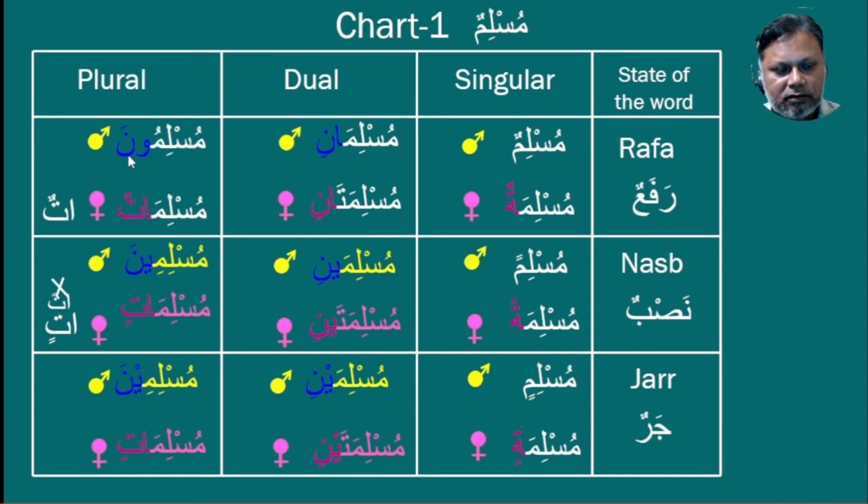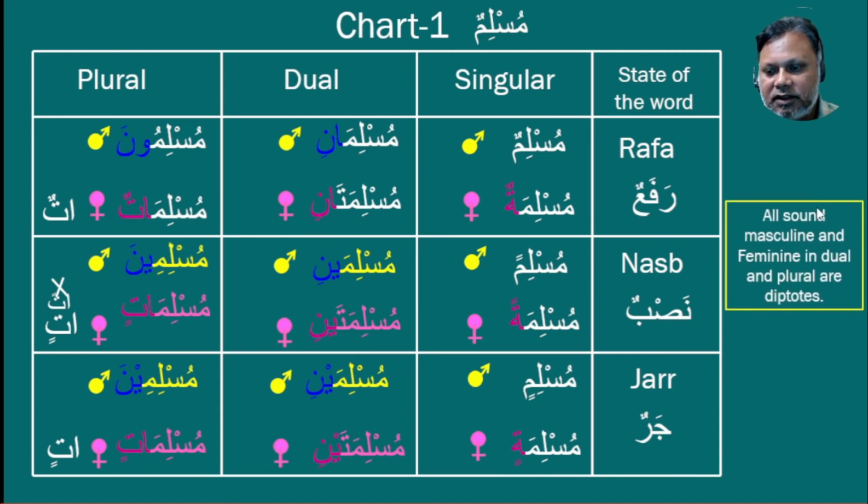And the plural also shows two states: for male it shows una and ina, and for female it shows atun and atin. Atin is the same in nasab and jar. So this is what we have summarized. Now we can say that all sound masculine and feminine in dual and plural are diptotes words. We just need to remember these things.